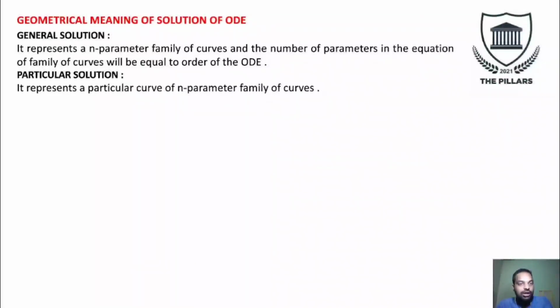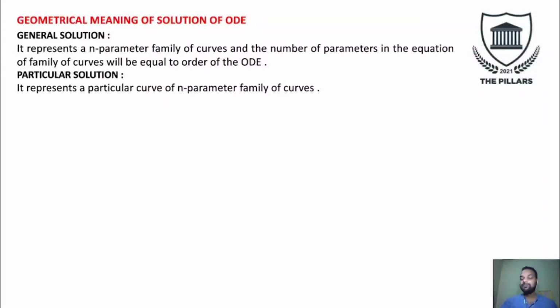Don't worry about that. The general solution represents an n-parameter family of curves, where the number of parameters is equal to the number of arbitrary constants we get, and this in turn is equal to the order of the ordinary differential equation we have been given. The particular solution represents a particular curve of this n-parameter family.